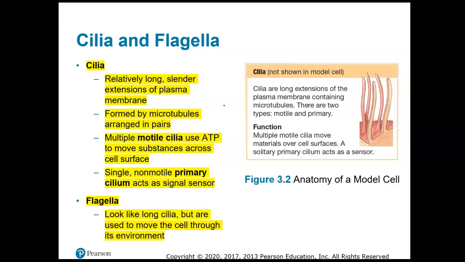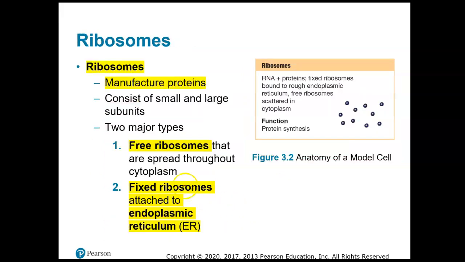If it gets deeper into your lungs, that cilia will help sweep all of that stuff out so that you can cough it out or cough it up. So cilia are like little hairs that line the plasma membrane, and flagella is a single long hair, and it functions in movement. And of course, in humans, we really just see the flagella in the sperm.